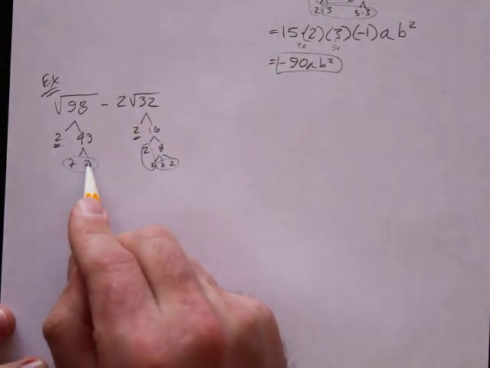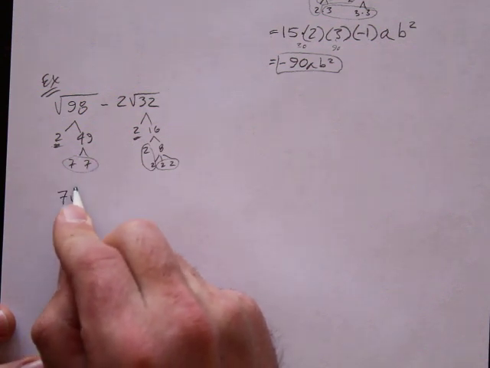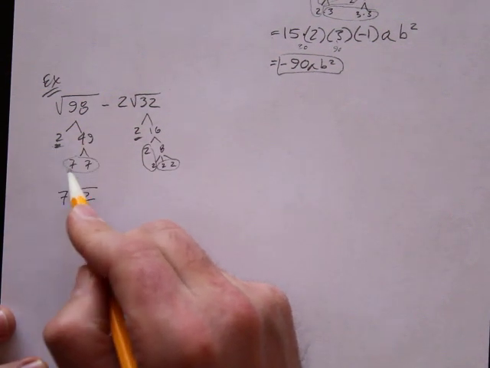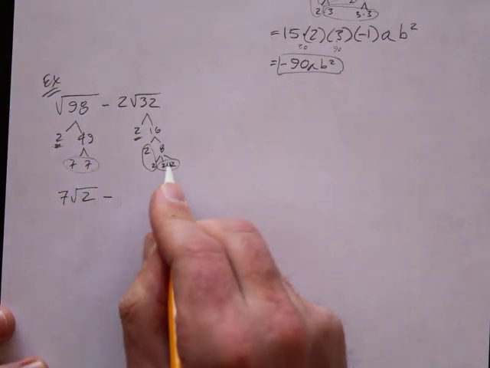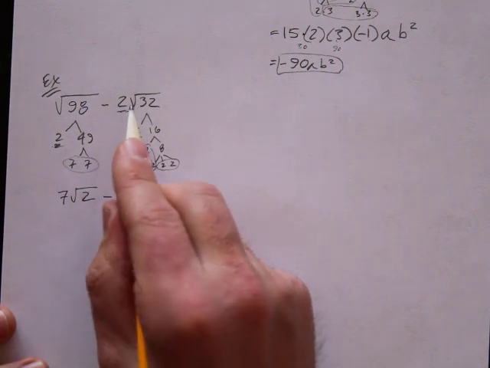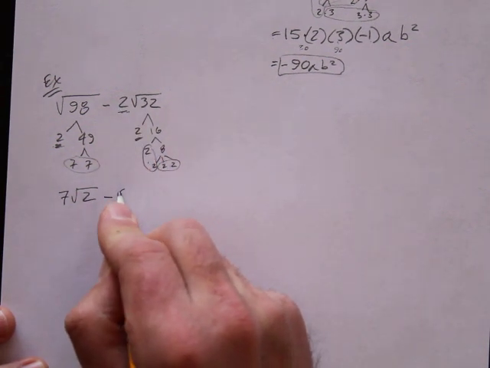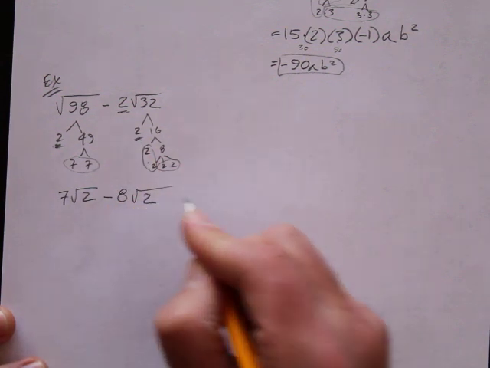The square root of 7 times 7 is 7, so I've got 7 square root of 2. That takes care of this part. Minus 2 times 2, which is 4, and I already have a 2 out here, so 4 times 2 is 8, times the square root of the 2 that's left over in here.